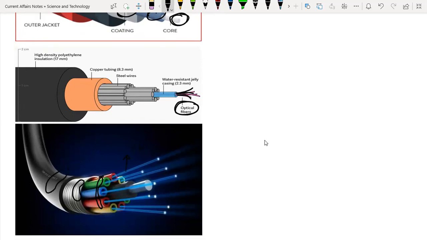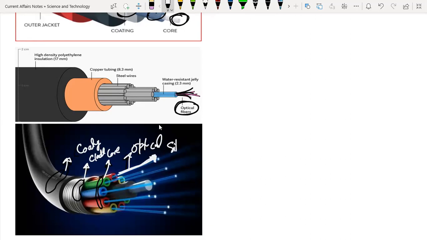This one is your coating material, this one is your cladding material, this one is your core, and this blue one is your optical fiber. This optical fiber has a slightly thicker diameter than our hair, and it is made from silica or plastic.